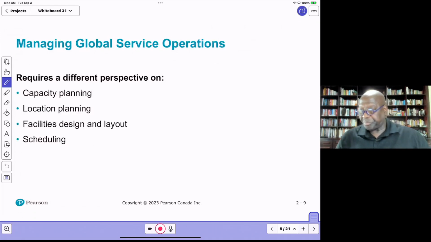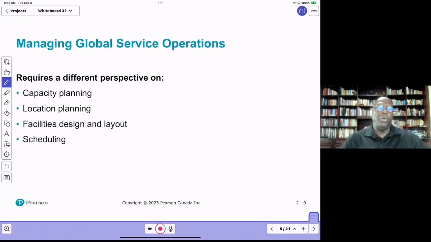In terms of our global service operations now, typically, when you think about managing services in a global context, you would have to understand what your capacity needs are.